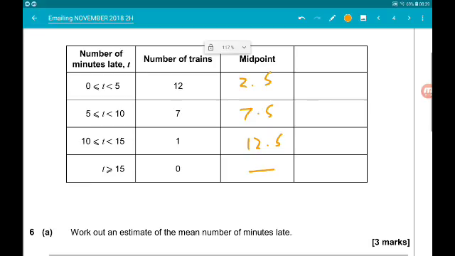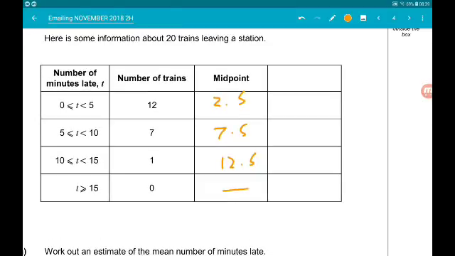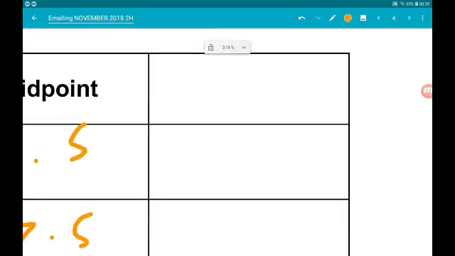Now we have this other empty column. The reason that we take the midpoint of each interval is that it gives us an estimate of the mean time in that interval. So what we now need is an estimate of the total time of late trains in each interval. We do the midpoint times the frequency.